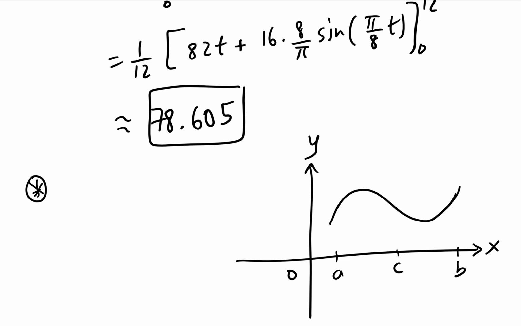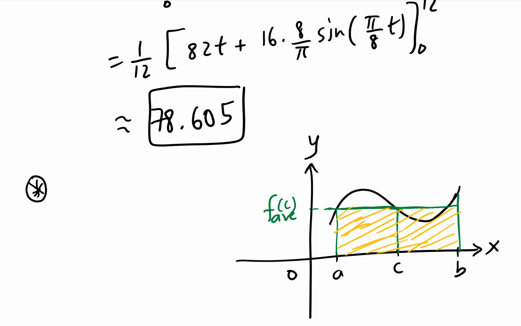And what do we mean by gives you the average? Say we're going to project it up, draw a horizontal line. This is f average, which means f at c. So if you draw the rectangle here, the rectangle down, the theorem said the area below the rectangle is the same as the area below the curve.